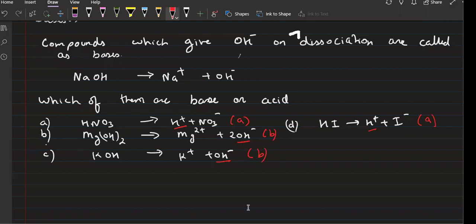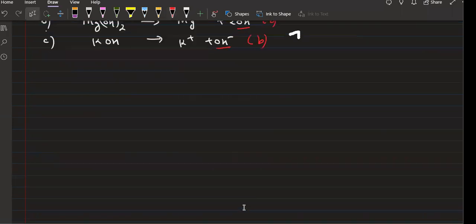So one student asked a problem: what about H2O? Let's see H2O. Even if you break H2O, it will form H+ plus OH-. Is it acid or base?